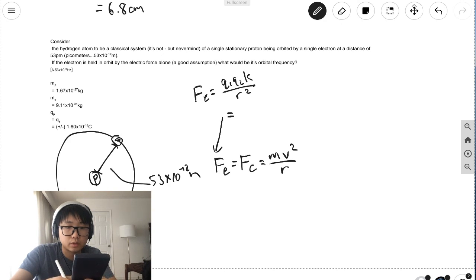Negative 9, okay. Oh, 9 times 10 to the 9. Right. Divided by the radius squared. So radius squared.